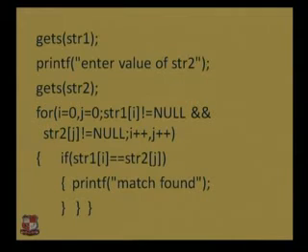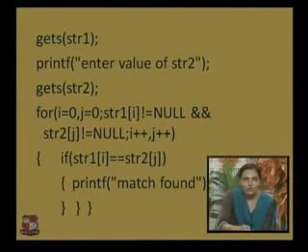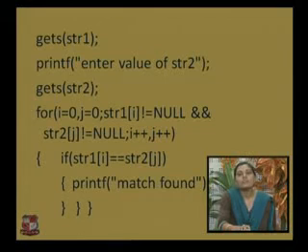So, we have taken two initializations, i = 0 and j = 0, for comparing the string characters. str1 will start from i and str2 will start from j. So, it will start comparing from the zeroth character of both strings, and it will go up to the null character of both strings, incrementing in this way.